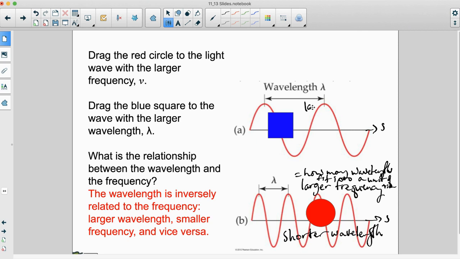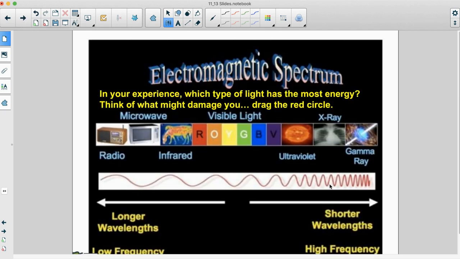This has a larger wavelength and a smaller frequency. Okay, so the relationship between the wavelength and the frequency is an inverse one. Larger wavelength, smaller frequency, and the opposite is true too. Smaller wavelength, larger frequency.